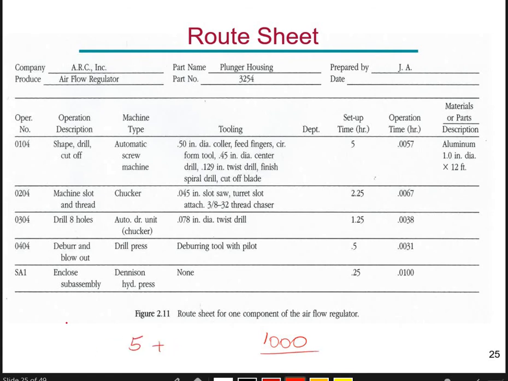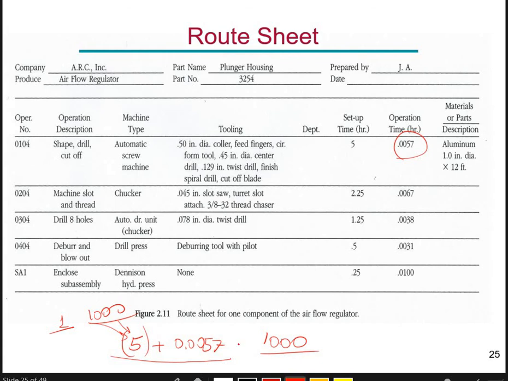Even if you produce one part, you are doing 5 hours of setup. If you are producing 1000 parts, still it's 5 hours. The setup time is the same. But this operation time depends on the number of parts. For one part, the operation time is this much. So if you are producing one part, the total time will be this.